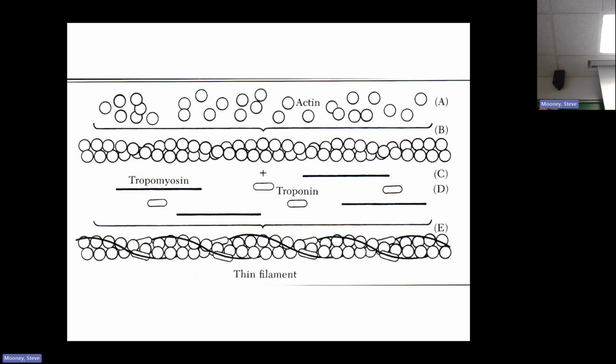It needs a place to reach out to and connect with. For the moment, at least in this configuration here, the tropomyosin and troponin are covering up those binding sites. So that means what? There's no cross binding, there's no interaction. The sarcomere remains in the relaxed state.